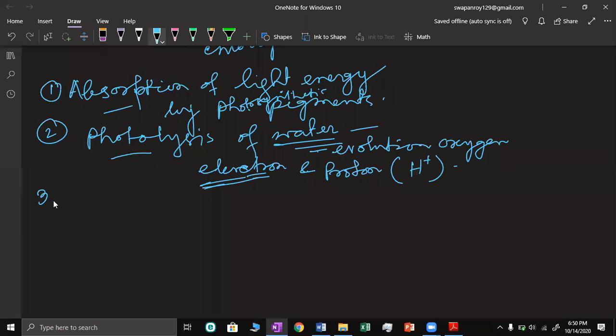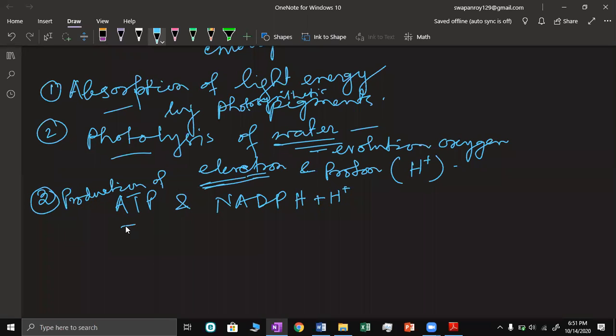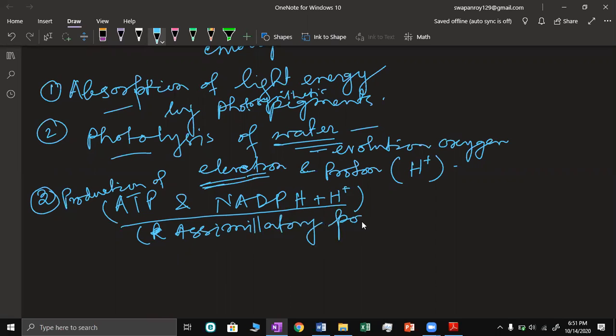And in this process, ultimately, we also get the ATP and the reduced NADP, that is NADPH plus H. This was the production of ATP and NADPH plus H. This is called the reducing power or the assimilatory power.